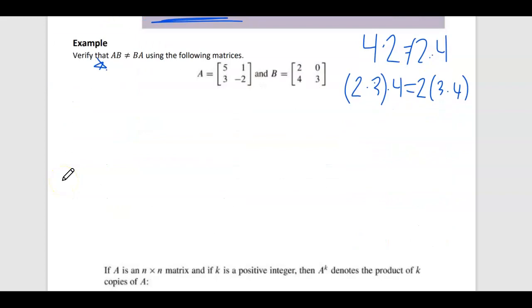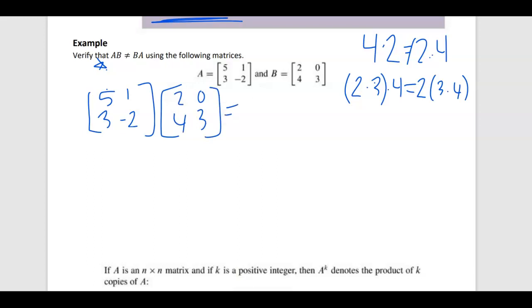Why do we not have matrix multiplication that is commutative? Well, if I take A times B, let's see what the resulting 2 by 2 matrix would be.